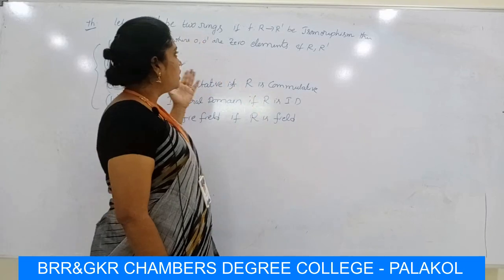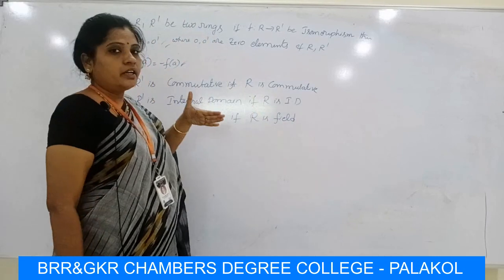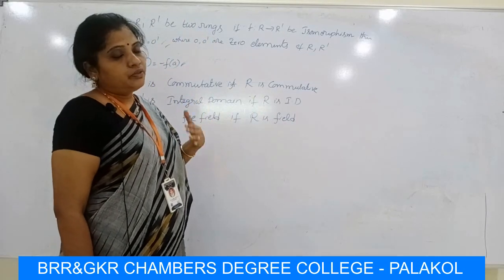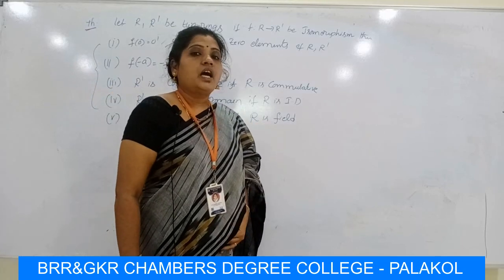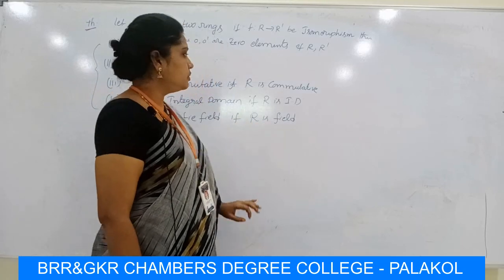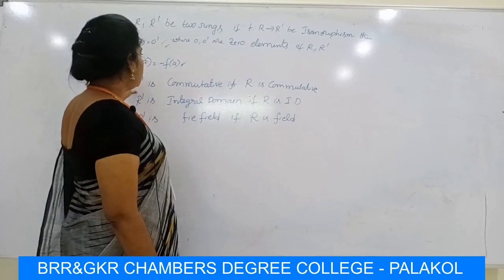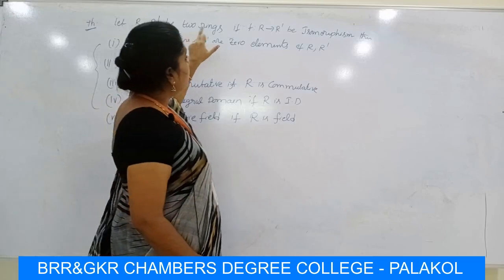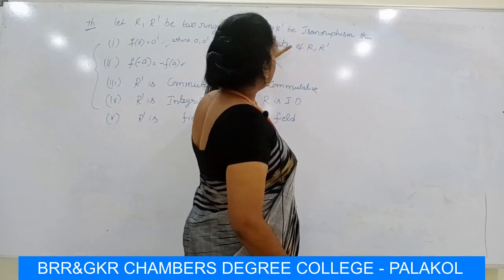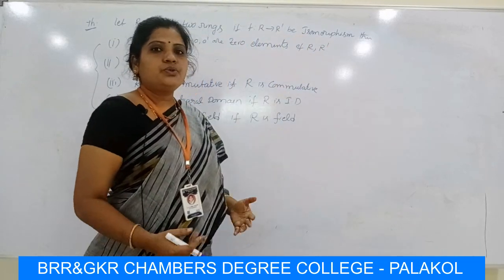Here R bar is equal to R dash, because in our statement f maps R to R dash is an isomorphism.